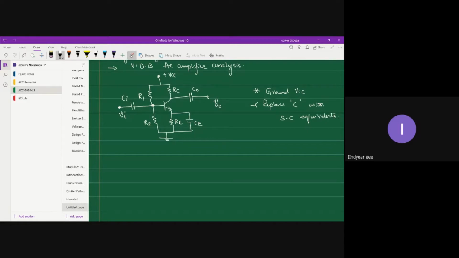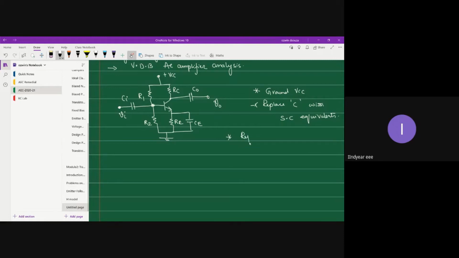The same steps hold good for your hybrid model analysis also. The only difference is that in place of RE model, you're going to place the approximate H model.